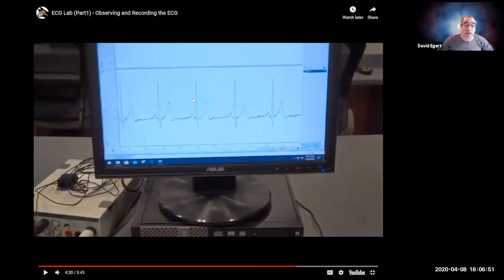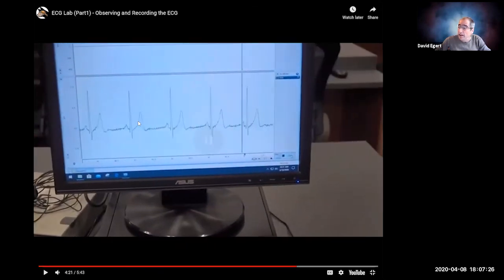One of the things you're going to do is print it out and label each of the different waves, and make sure when you label on the printout, you write down what is actually happening. Like this is going to be the P wave and it's atrial depolarization. This is the QRS and it's ventricular depolarization.